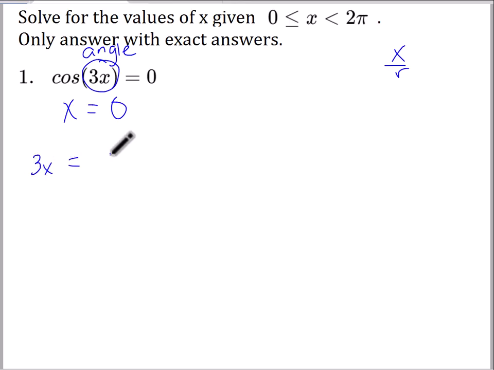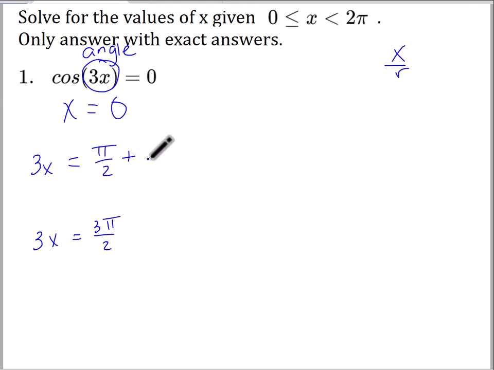And so 3x is going to equal pi over 2. And 3x is going to equal 3 pi over 2. Now I'm not going to finish solving yet, and that's okay. What I want is, right now I have 2 answers, but this is 3 rotations.